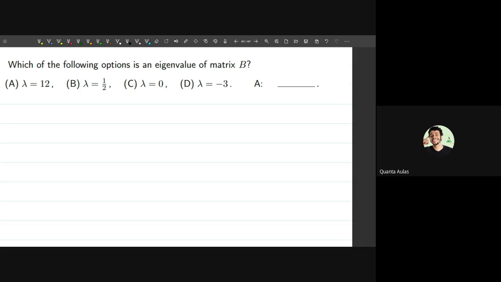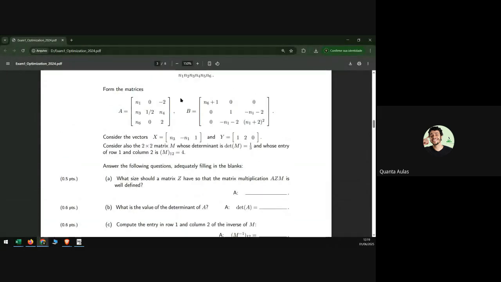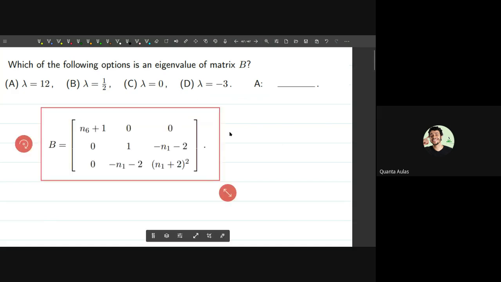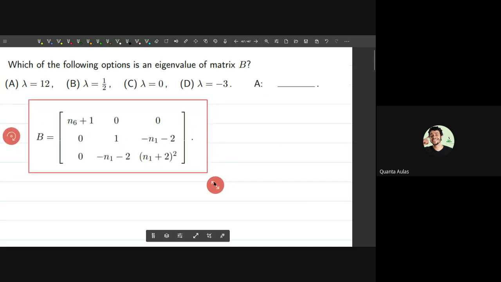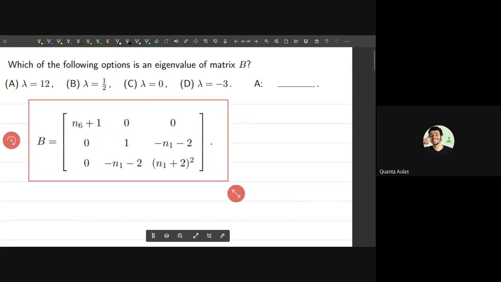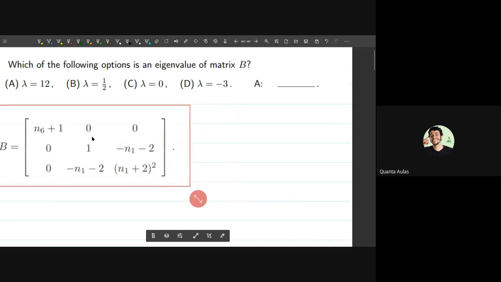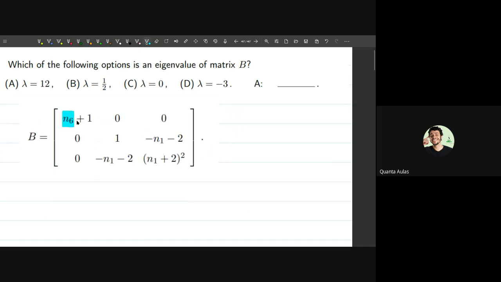I don't remember. Let me see. Ah, B is this. B is another matrix, with a lot of numbers. I don't know your numbers, but we can think about some things without them.